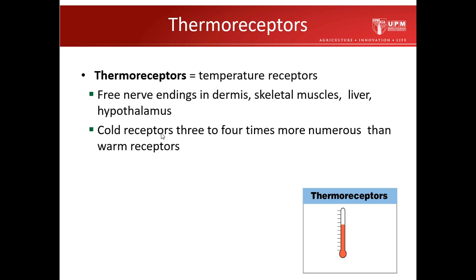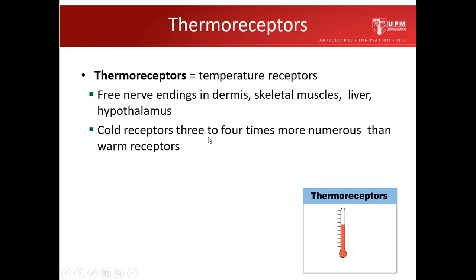So for example, when you enter an air conditioning room from outside, which is quite hot, the temperature change seems very extreme at first. You can really feel that suddenly you go into the cool temperature, but then after a while, when you sit in the classroom, you become comfortable, thanks to the adaptation properties of the thermoreceptor.